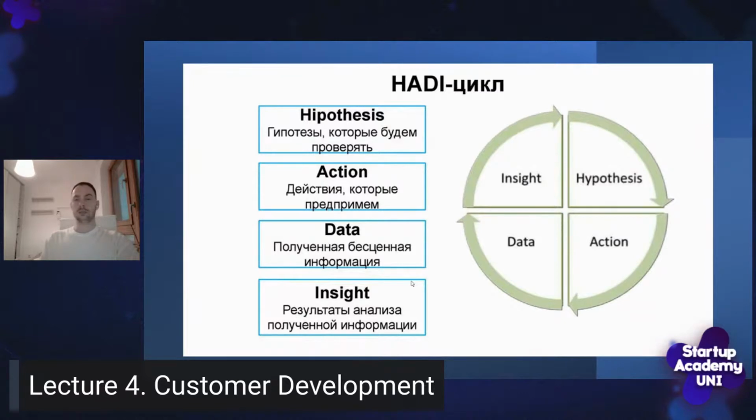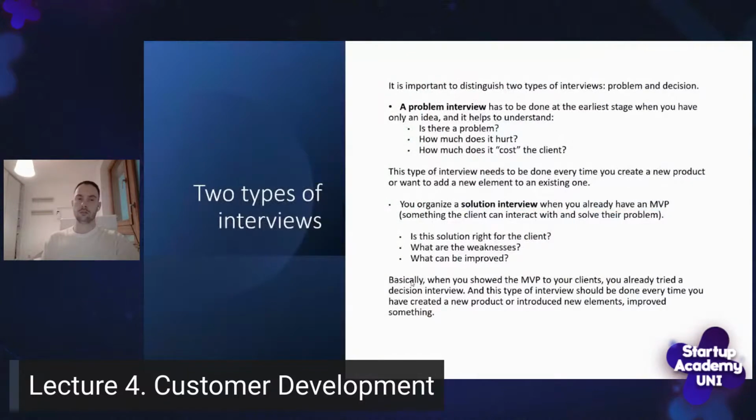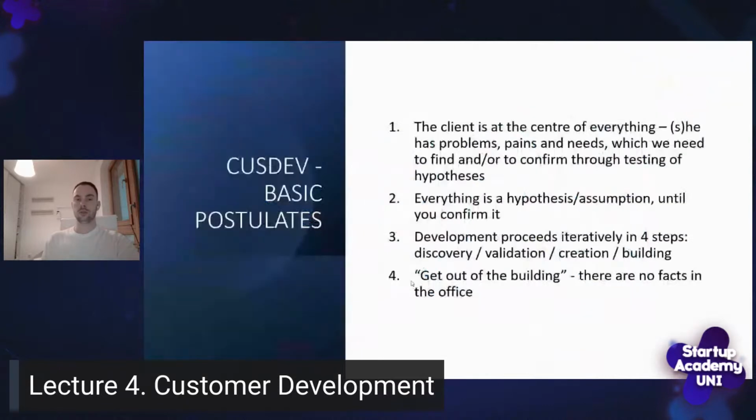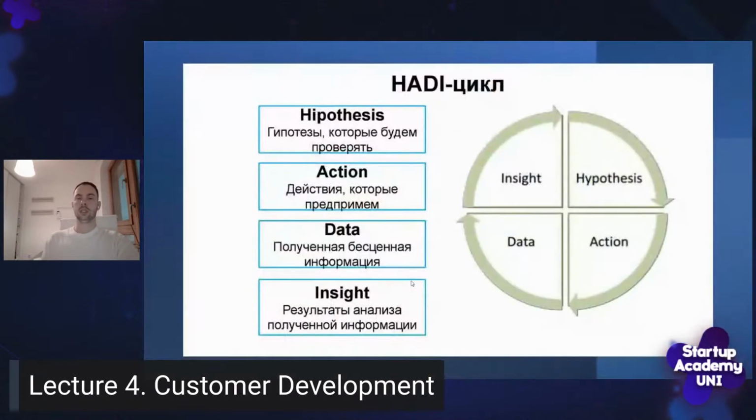These HADI cycles, you already saw them in our first lecture, I believe. The idea behind is that we have to use a scientific approach. Through all these steps, customer discovery, validation, finding problem solution fit, we have to go through the HADI cycles.